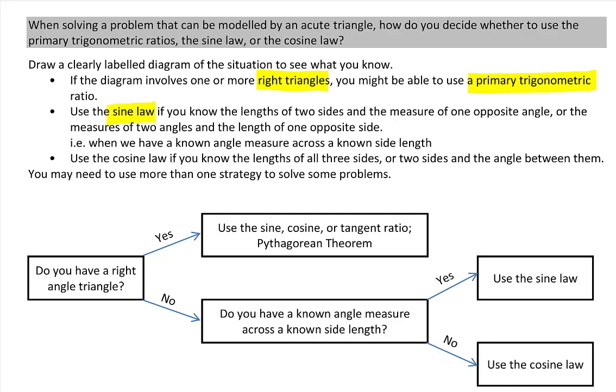You use the sine law if you know the lengths of two sides and the measure of one opposite angle, or the measure of two angles and any side. But I think it's easy to remember when you have a known angle across a known side, then use the sine law. And finally, you use the cosine law if you know the lengths of all three sides of a triangle, or you know two sides and the angle between them.